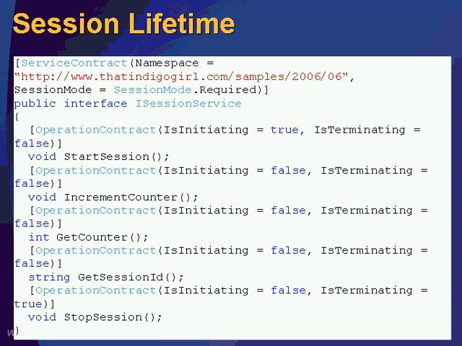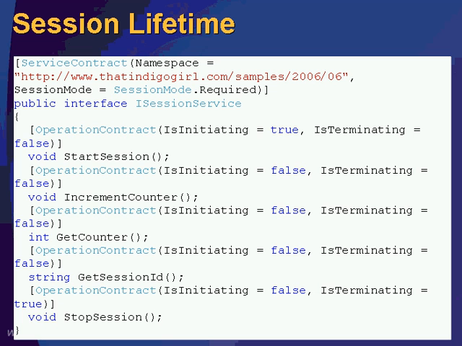Now, if we want to make sure you call start session before you call any other operations, then what you want to do is have increment counter, get session ID, for example, set is initiating to false, which means you're not allowed to call that unless you've already called an operation that creates a session. So if a session does not exist already, this will not be a legal call.